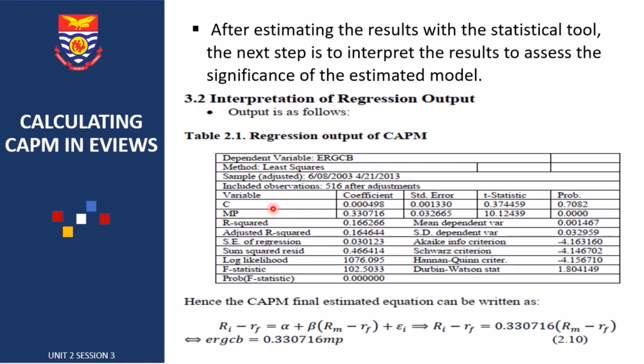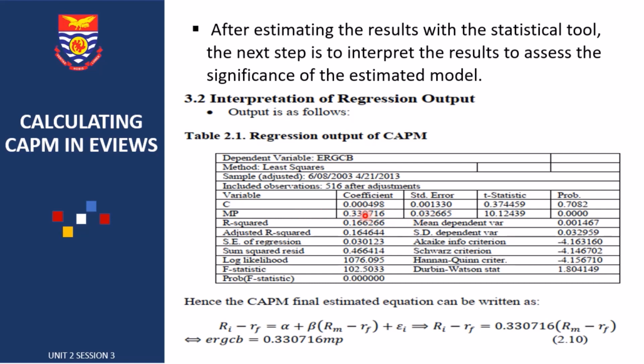So you could see that we have a constant, that is the alpha term in our model, and we have the market premium or the excess returns being estimated. So here we could see that we have 0.330716. So this is the value, the beta coefficient or the risk element in this market, and we have the standard error to be less than the coefficient.